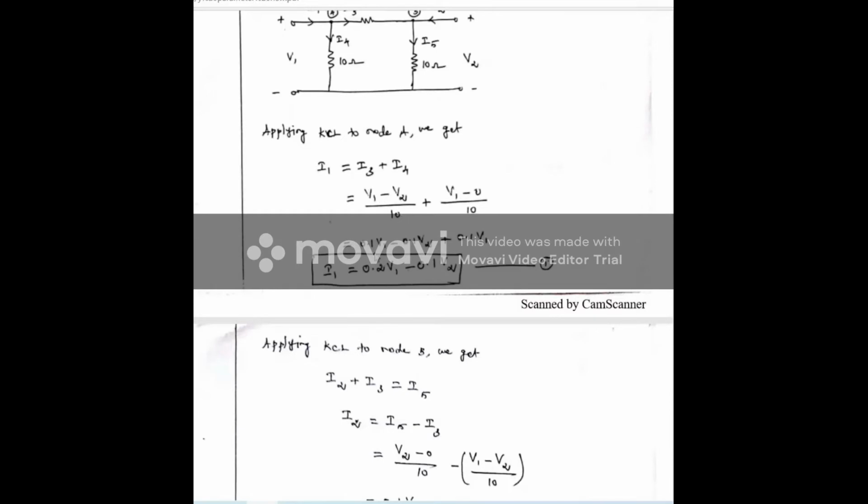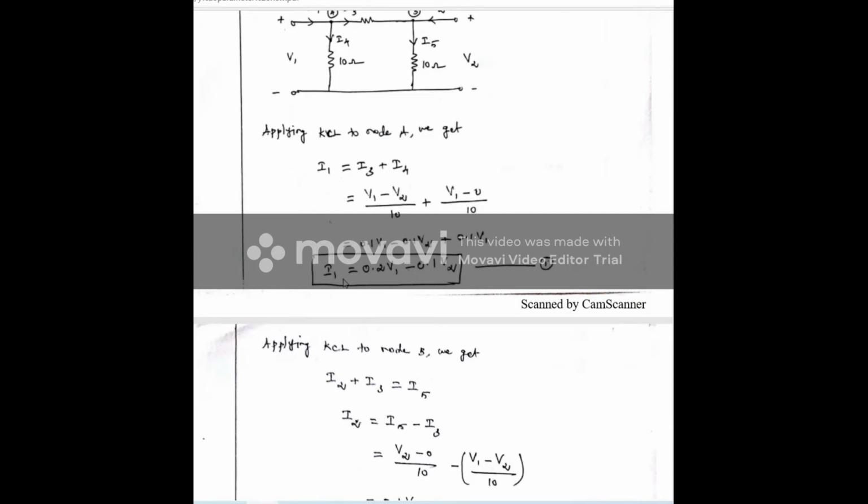V1 by 10 is 0.1 V1, minus V2 by 10 is minus 0.1 V2, plus 0.1 V1, and the last one is 0. If we combine these terms, we get 0.2 V1 minus 0.1 V2. So we derived the current I1 in terms of V1 and V2. Consider this as equation number 1.